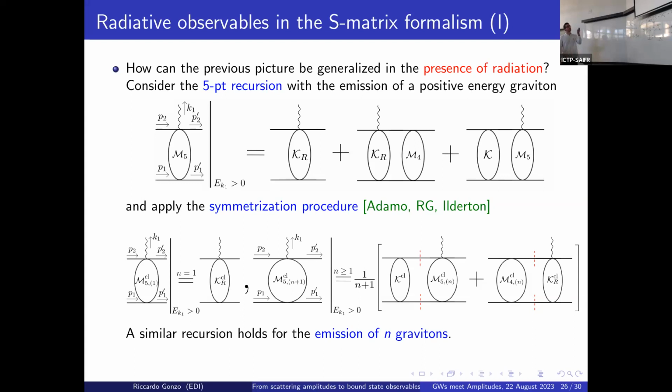So you can apply the same symmetrization procedure. And what you get, and this is still in terms of these two massive particle reducible diagrams, is the 5-point amplitude. It's related to this iteration of the classical kernel discussed earlier, and the 5-point amplitude with one less two-particle reducible diagram, and the 4-point and the relative kernel.